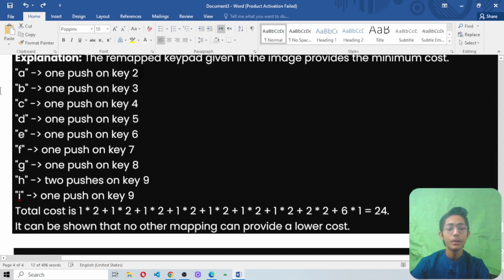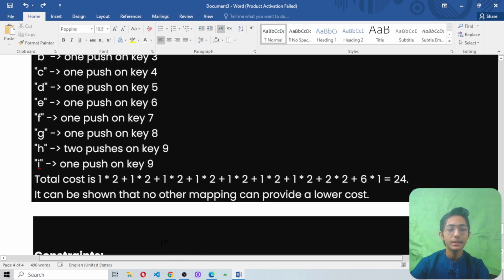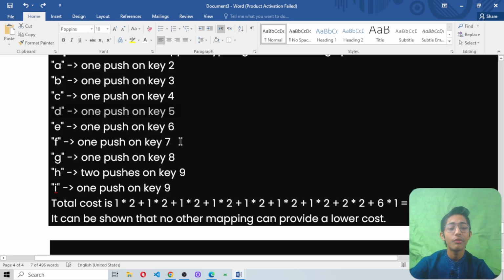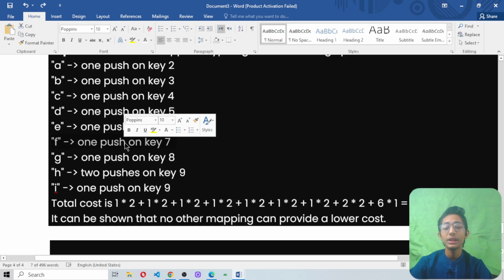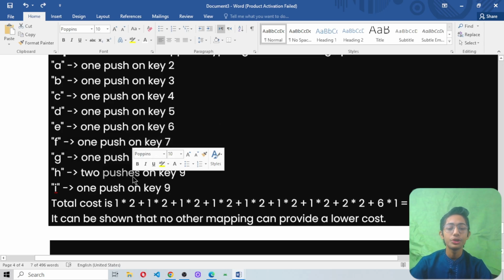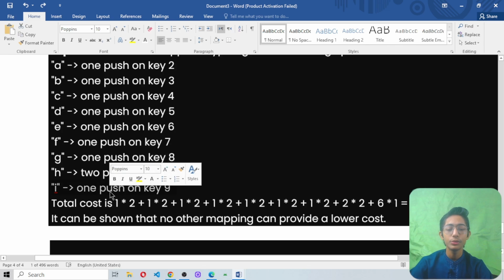It means A, one push on key 2, B, one push on key 3, C, one push on key 4, D, one push on key 5, E, one push on key 6, F, one push on key 7, G, one push on key 8, H, two pushes on key 9, I, one push on key 9.